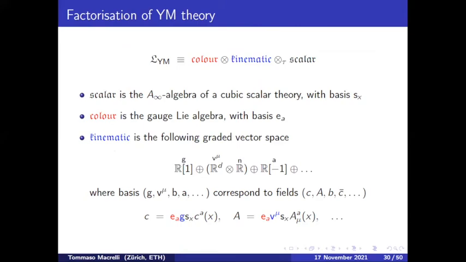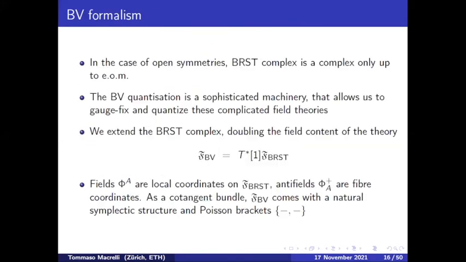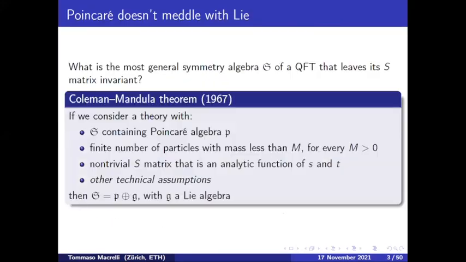Thank you. You also suggested at the beginning that all this discussion violates the Coleman-Mandula theorem. In which way? Well, as usually formulated, the loophole that says we are not violating the Coleman-Mandula theorem is that color-kinematic duality is not a symmetry of the S matrix.